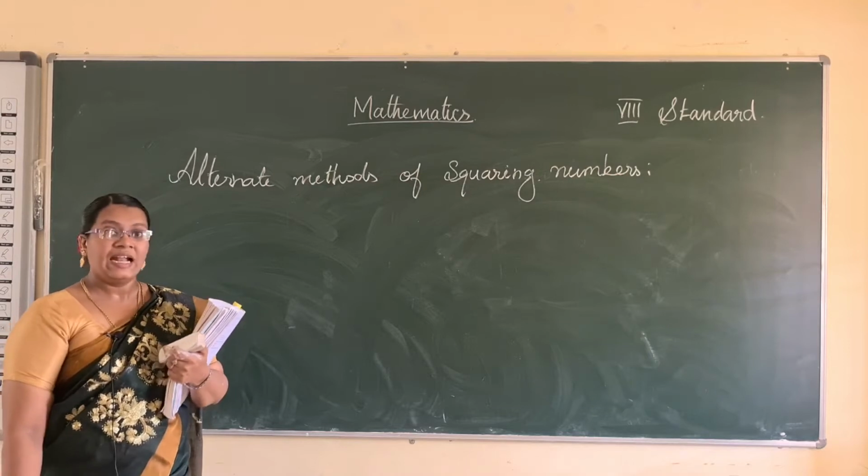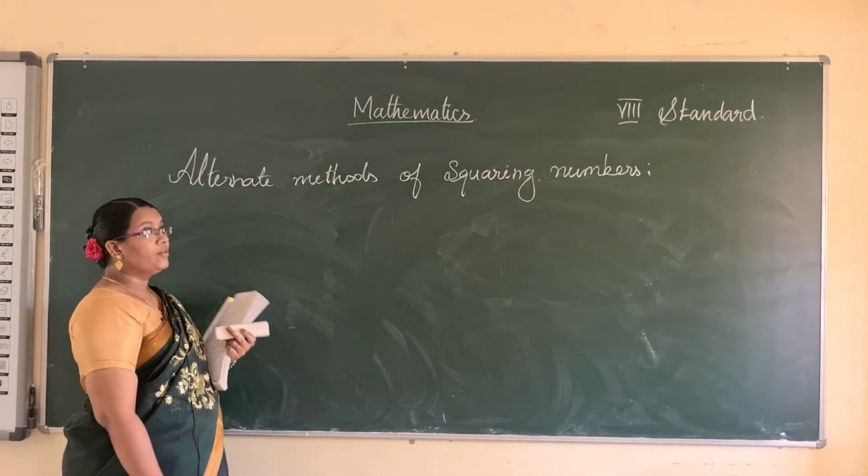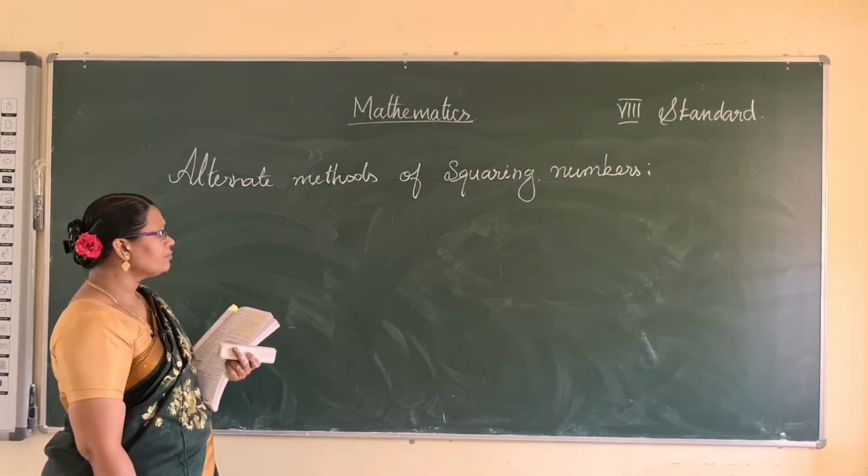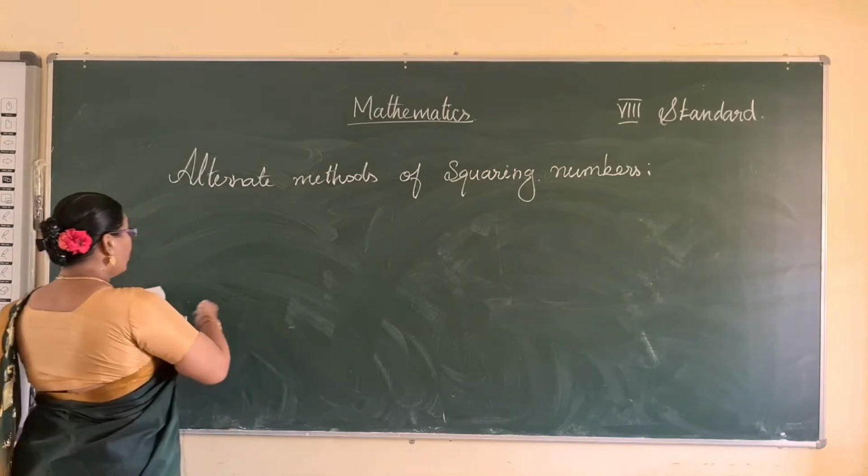The first type is the diagonal method, and the second method is the column method.